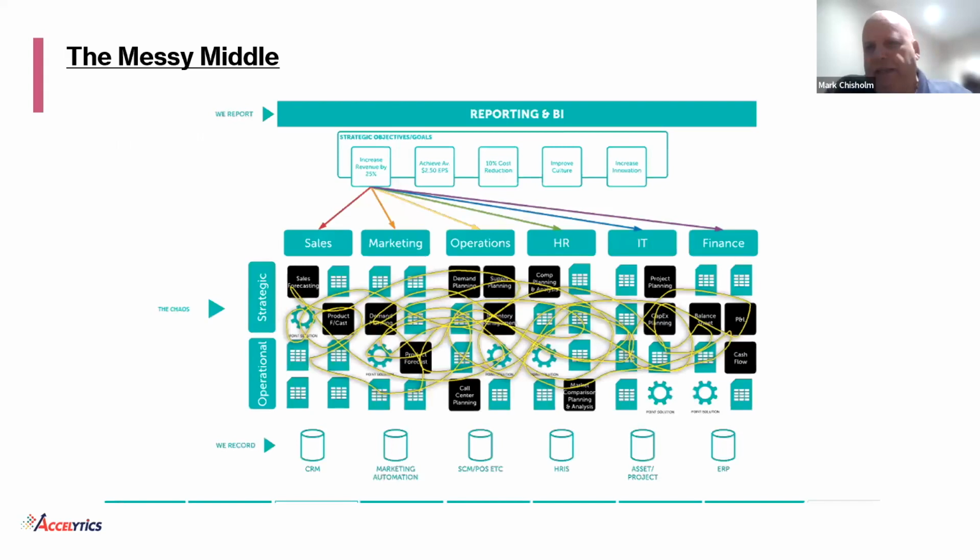What that really leads to is what is commonly referred to as the messy middle. Here's an example of this, where you have different organizational groups having to plan at both a strategic and operational level. And what that leads to is a proliferation of Excel workbooks attempting to connect these disconnected solutions together, all at different levels of detail.